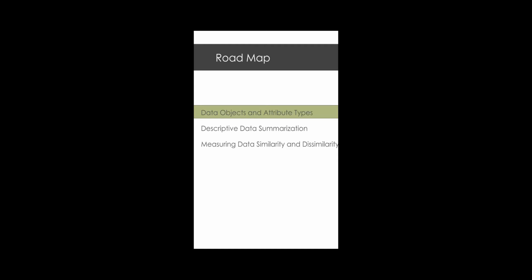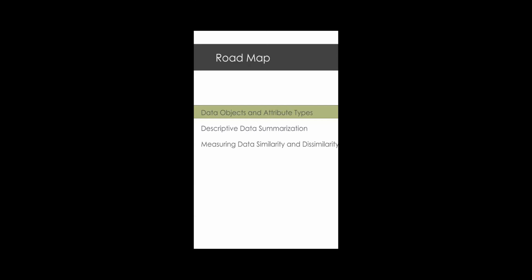For example, in a sales database, what objects do you have? Generally, you have the customers, store items, and what type of sales information you have in that sales database.